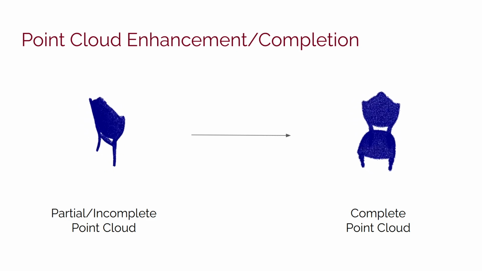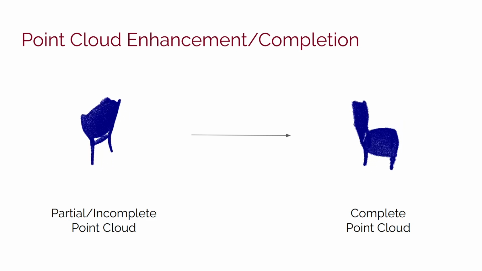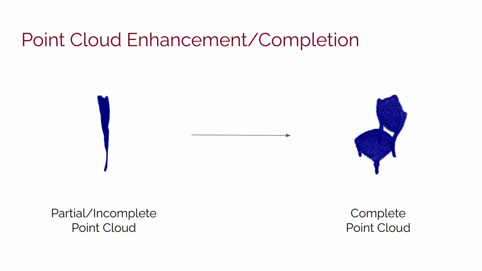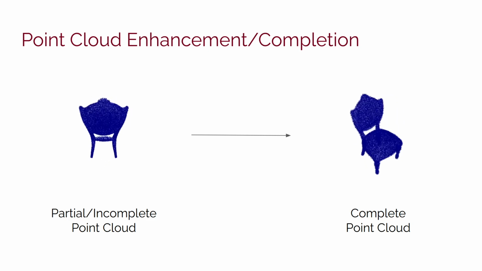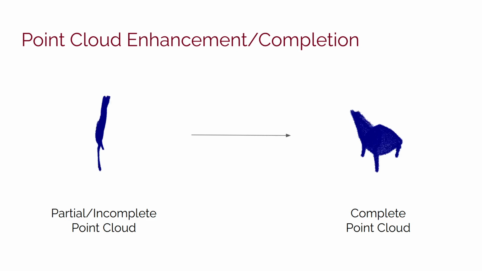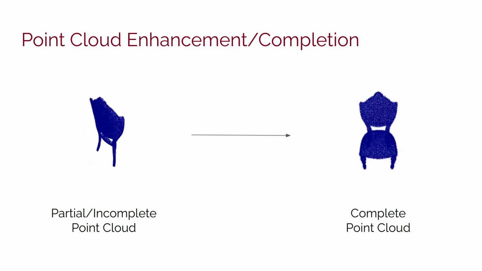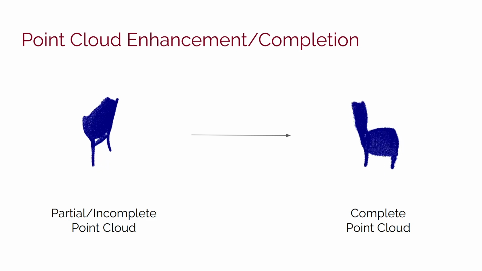So first I'm gonna talk about the task. Point cloud enhancement or point cloud completion is the task where the model takes in a partial point cloud and tries to complete it, either by perturbing the existing points or by upsampling the entire point cloud.